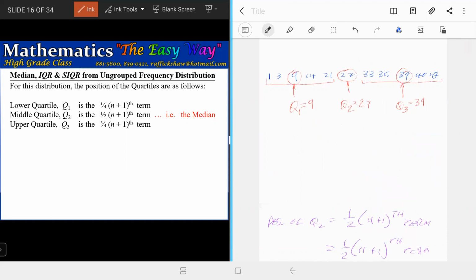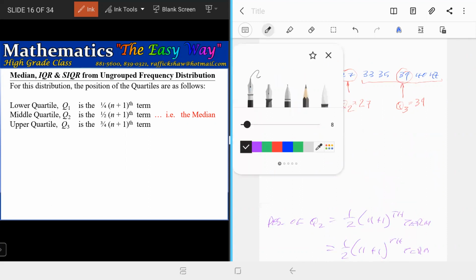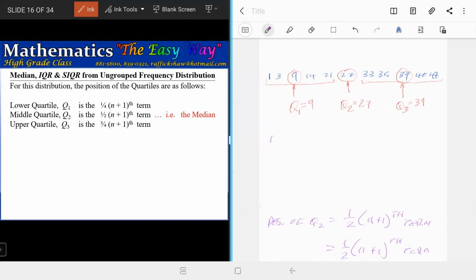So finding Q3, the position of Q3 equals 3/4 of the n plus 1 term.